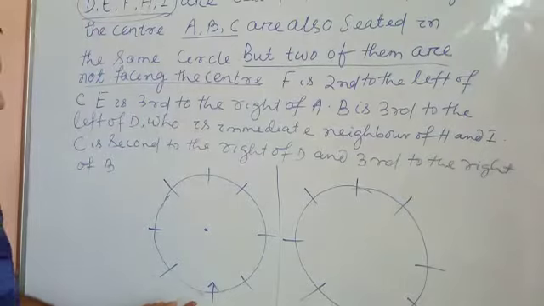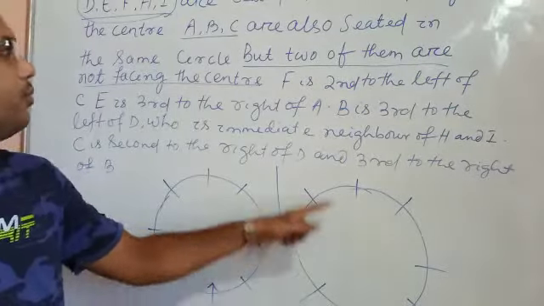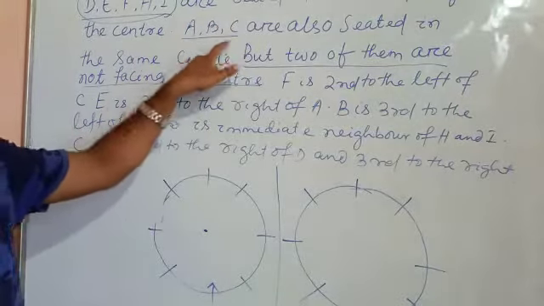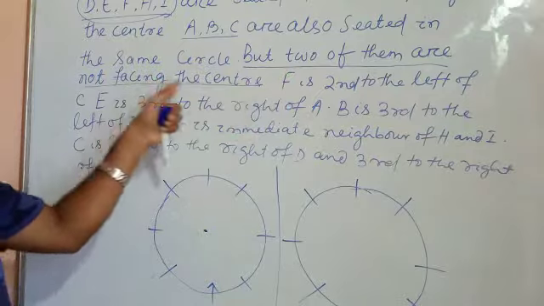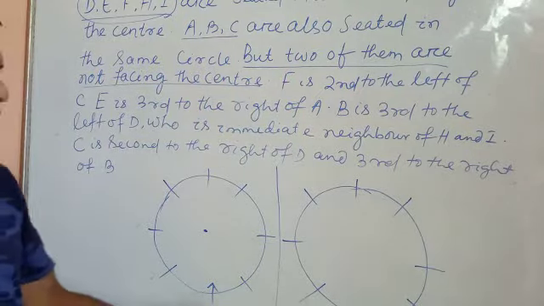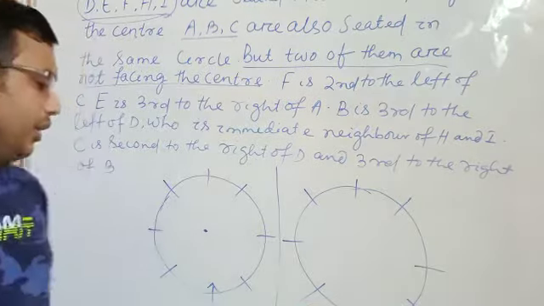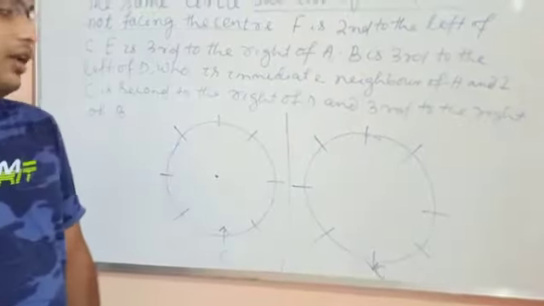In one figure C is inside, in another figure C is outside. Why? Because C is a member among A, B, C. It is clearly mentioned that two of them are not facing toward the center. C may be facing toward the center or not facing toward the center. Then in one figure put inside, in another figure put outside the facing direction.